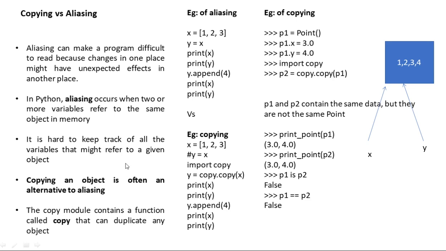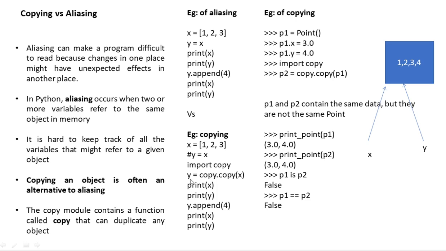For copying an object, you have a function called copy. It will just create a duplicate. So how do you do this? The same code has been altered like this. Instead of saying y is equal to x, I will import a module called copy, and under this module copy there is a function called copy. So when you say copy x, the values of x would be copied into y, but they will not point to the same memory location.